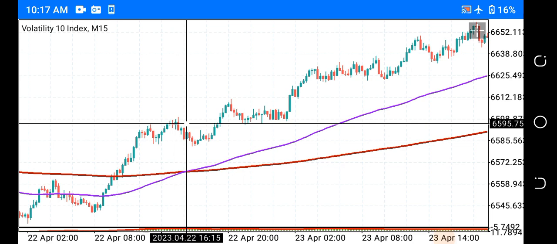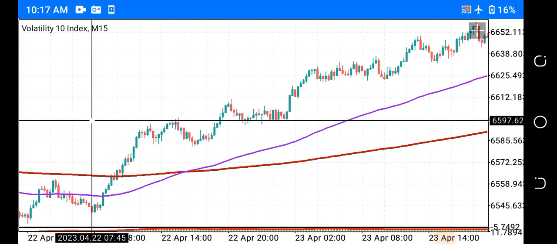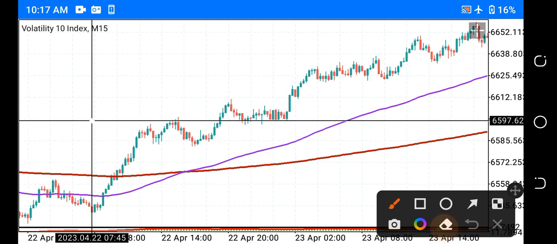So in this case now, look at this. Once the market retraces, you mark out this particular line. Look at this particular line here. You mark out this particular line. So once the market retraces back to, look at this high here. So as you can see, the market moves above this higher high here.